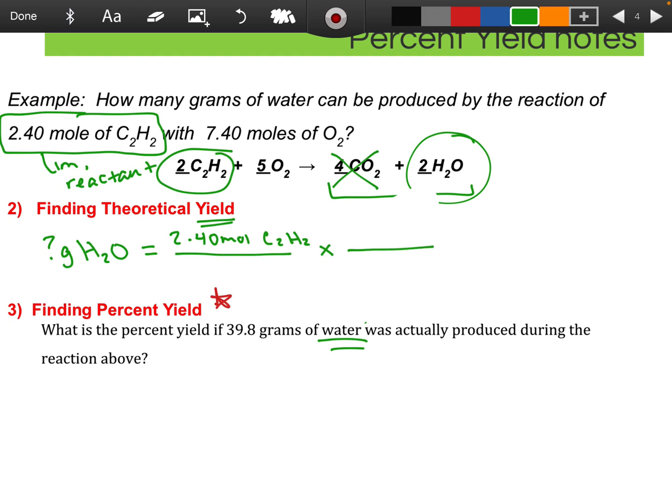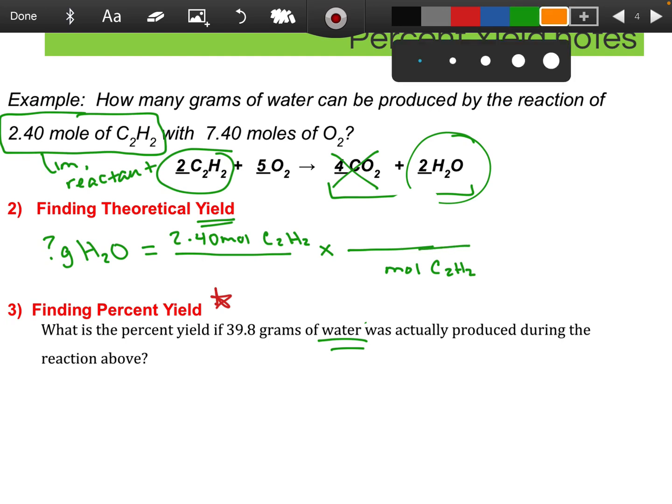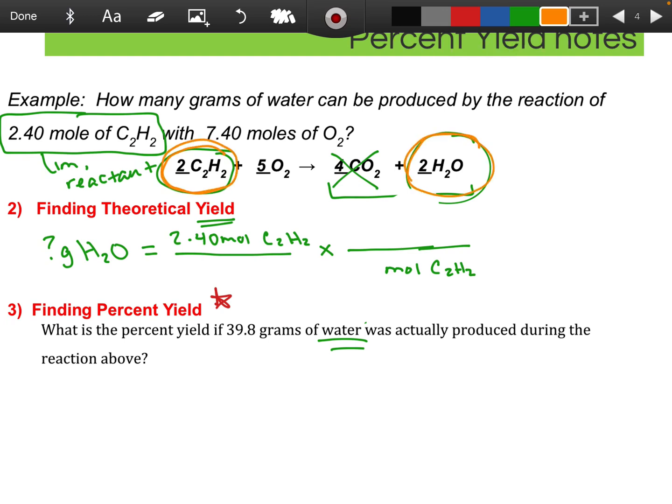Now, again, remember, we're already in moles. Whatever unit you start with goes on the bottom of the next step. So now we can compare moles of one thing to moles of another. From our balanced equation, we are comparing our limiting reactant to water, which is one of our products.